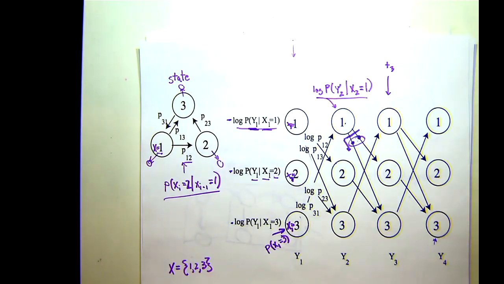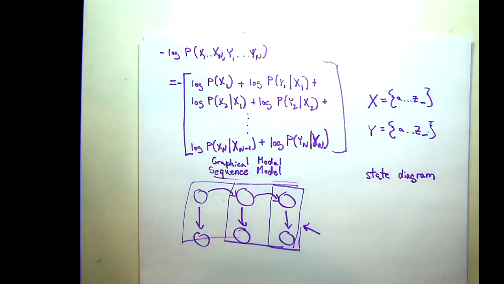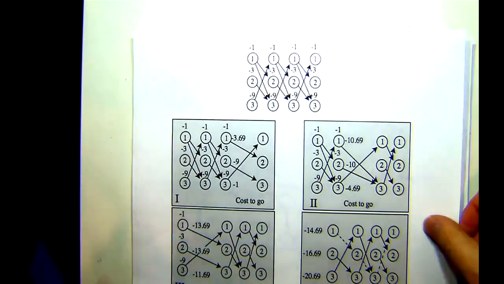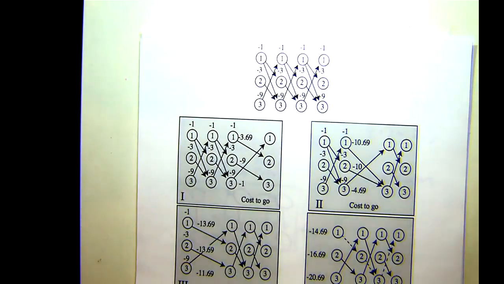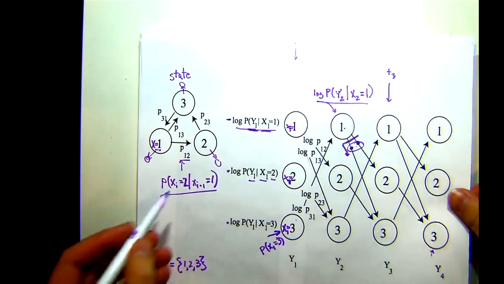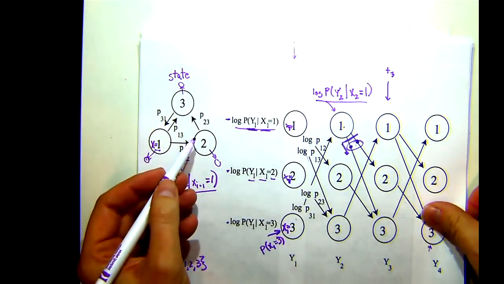So let's go through an example. We should have just enough time to go through an example. We came up with a really simple one. If we look back really quick, this is the state diagram we're using.